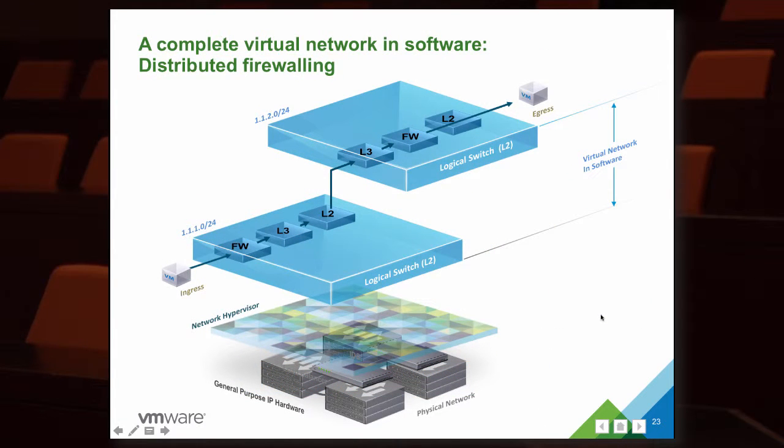We take it a step further, and we know that we have the layer 2 communication between machines and the virtual network being created in software. We know that we have the ability to ensure that through layer 3, we're only communicating as we deem appropriate. But now we can add more. We can add distributed firewalls.